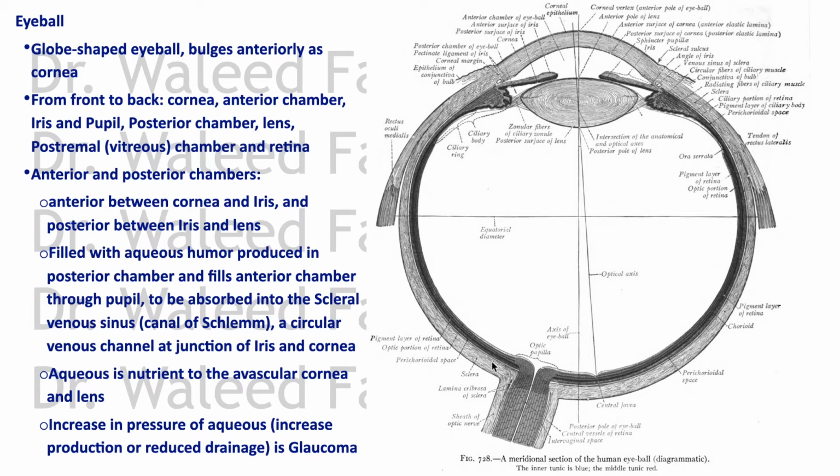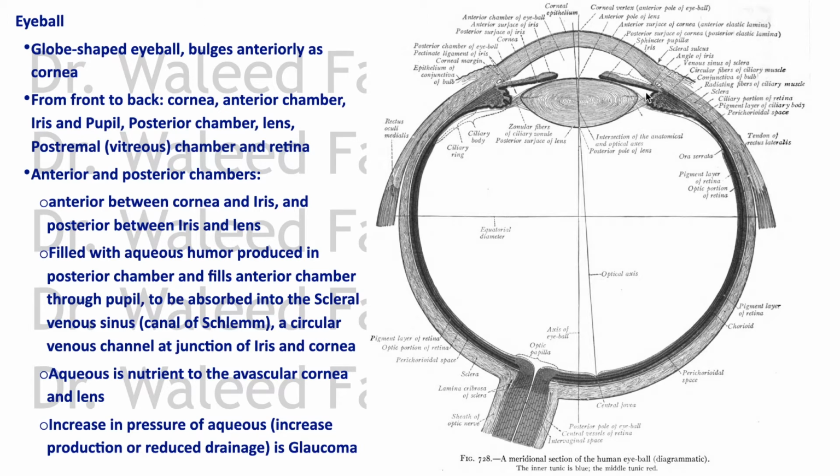and then to the back, where the optic disc is, where the optic nerve exits the eye. Now the anterior chamber, between the cornea and the iris, is filled by the aqueous humor, which is produced in the posterior chamber by the ciliary processes.